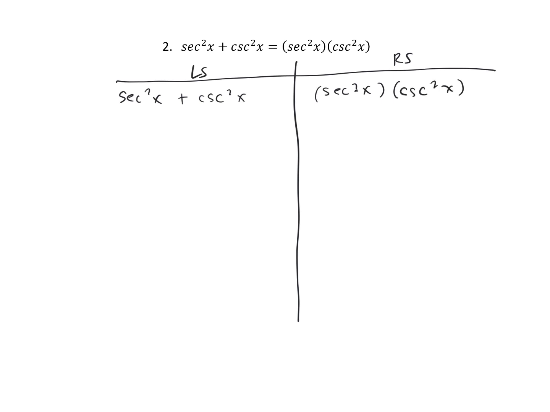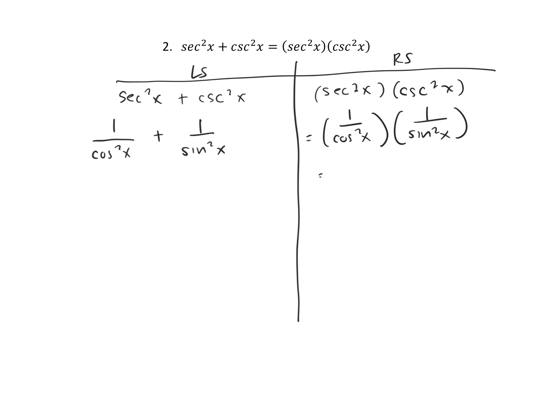Nothing is in sine and cosine, so I'm going to switch them over. Secant is the reciprocal of cosine, and cosecant is the reciprocal of sine. And the same on the right: secant is the reciprocal of cosine, and cosecant is the reciprocal of sine.